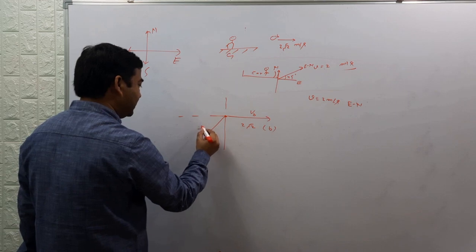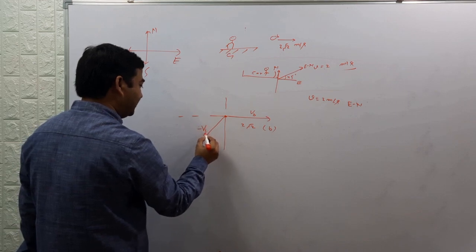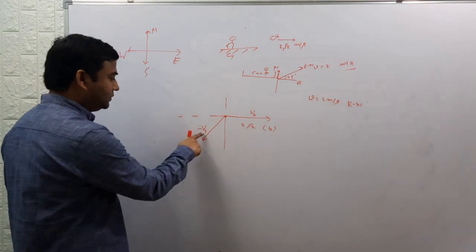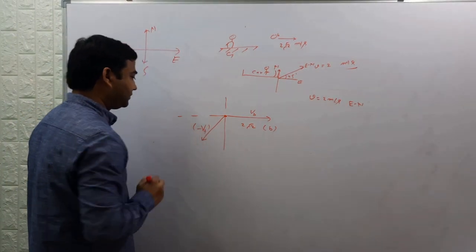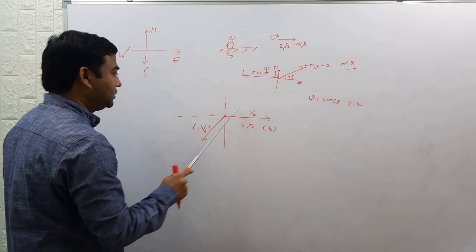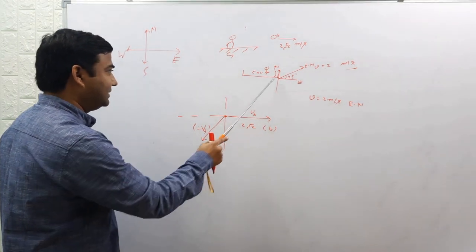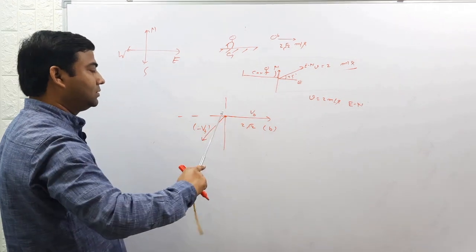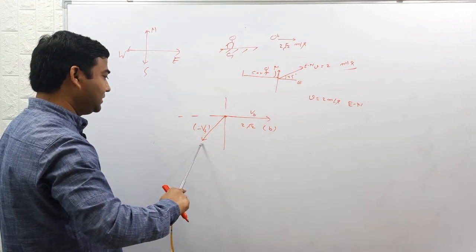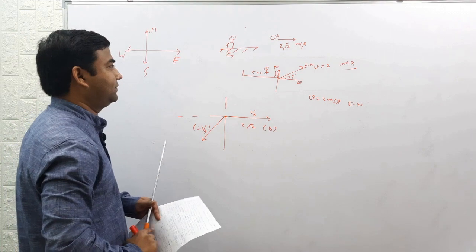This is minus Vf. F means frame. Minus Vf. So this is velocity of ball and this was velocity of moving frame. So minus vector is in reverse direction, that is minus Vf.